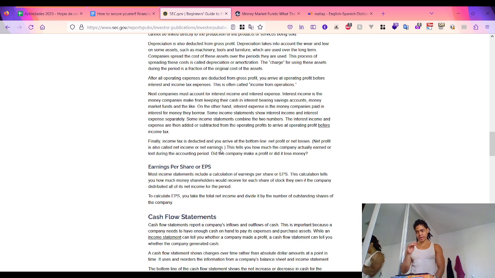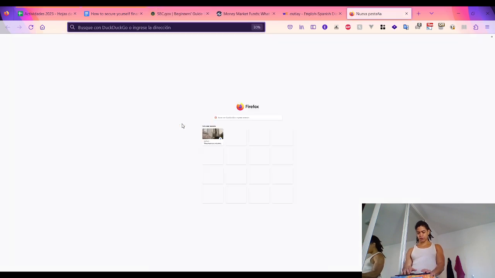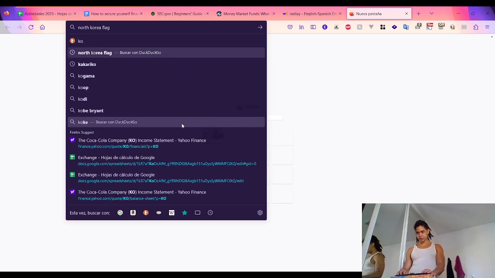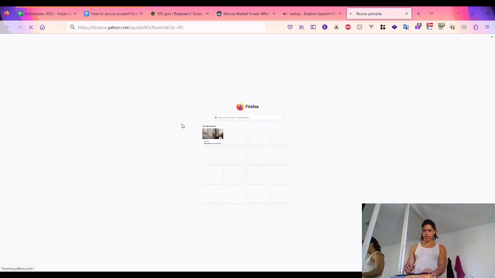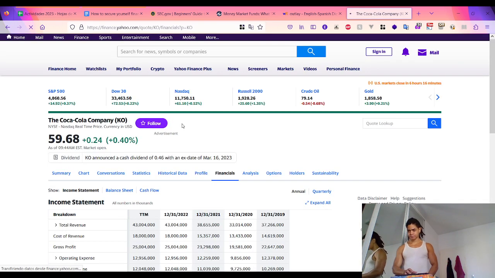Okay, and finally, the operating profit before income taxes. For example, if I look at Coca-Cola here, the income statement from Coca-Cola, right?